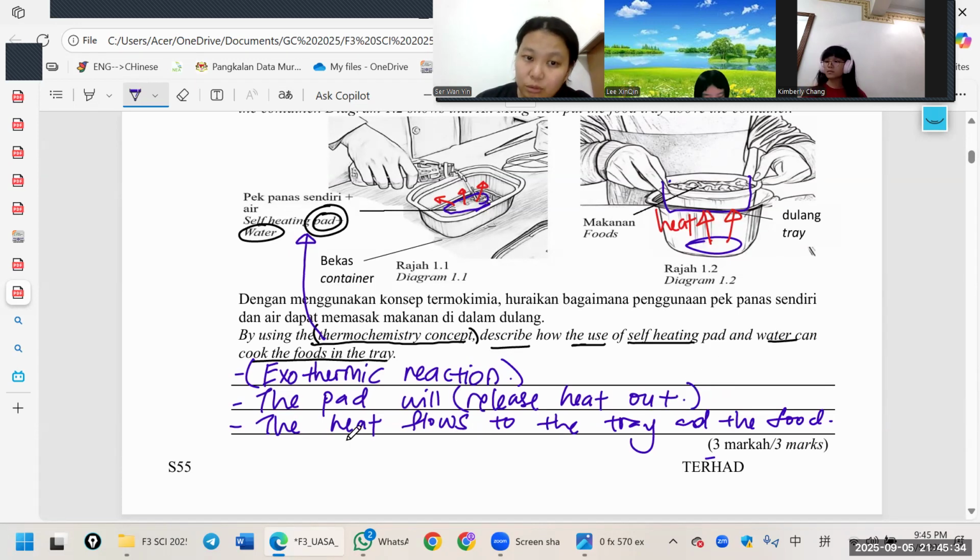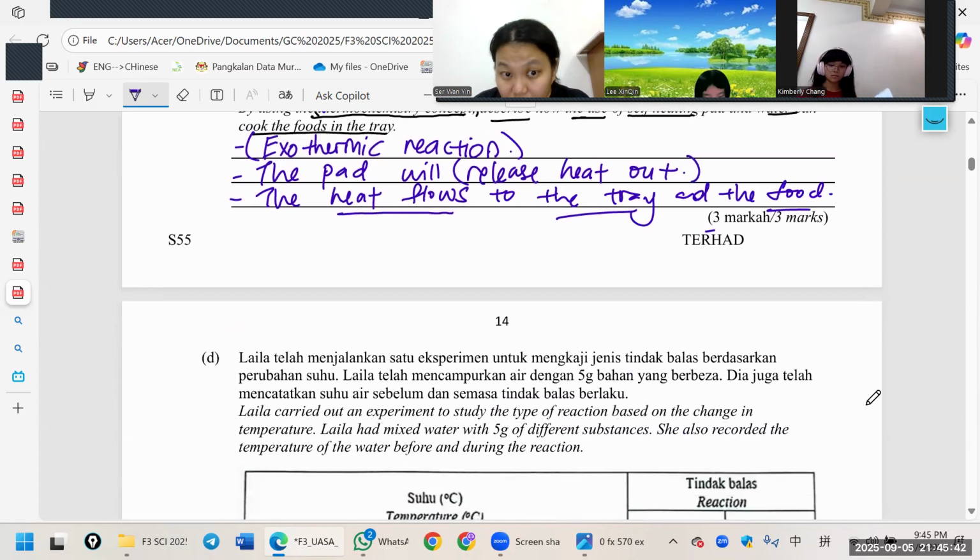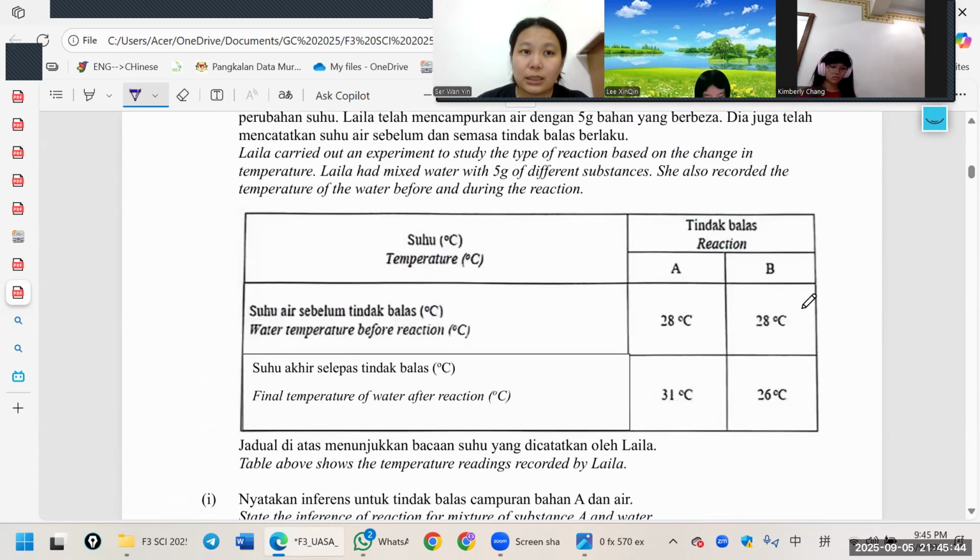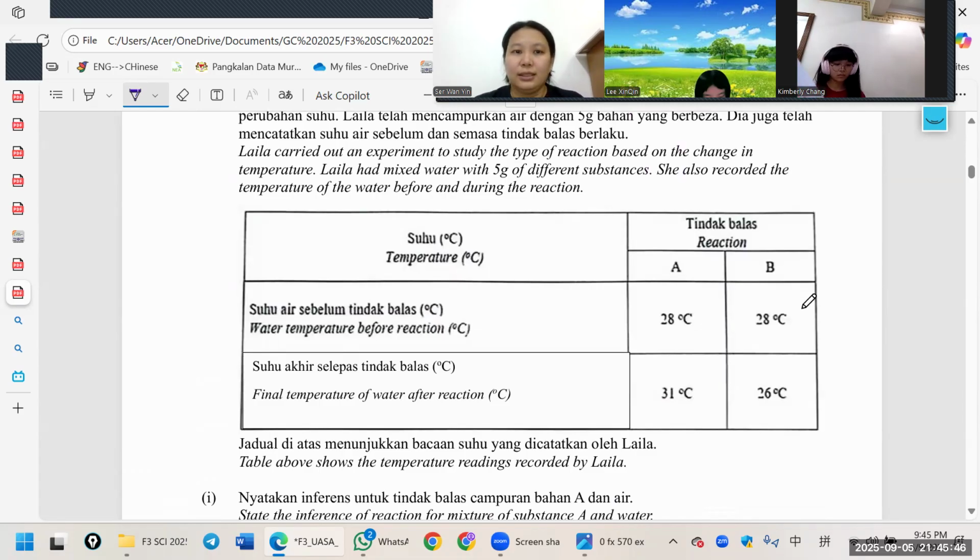Then the heat will go from the pad into the tray and the food.